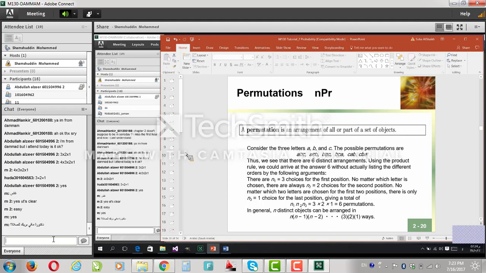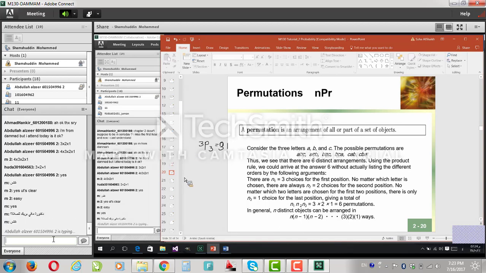So six ways to arrange. I'm talking about 3 letters. This is a permutation of 3, 3 factorial, which is 3 multiply 2 multiply 1.